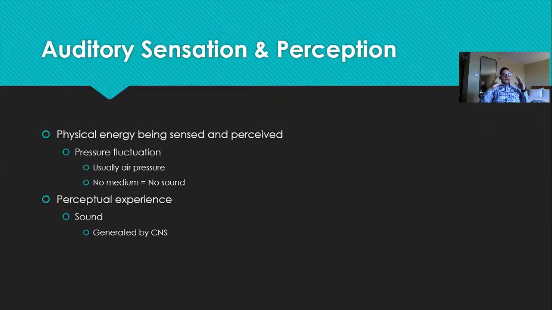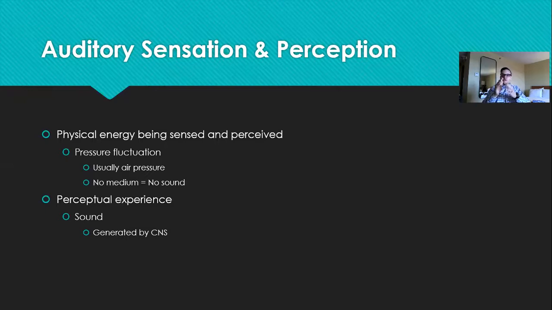Anytime you have a medium, and that medium could be air, water, it could be a wall, anytime you have something that has molecules, and you have alternating densities of pressure, it can be very, very small changes in density, where the molecules come together and then push apart, come together, push apart.